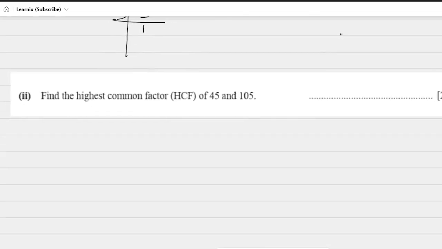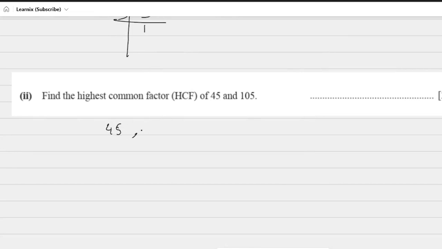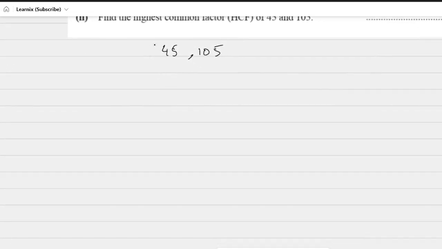Now find the HCF of 45 and 105. For HCF we can use the same method, but we need to modify it a little bit. Let's make a long line. Again, 5. This gives us 9, and 105 divided by 5, you can do it on your calculator, it's not a big deal, gives you 21.